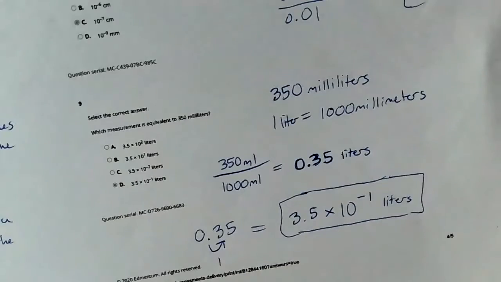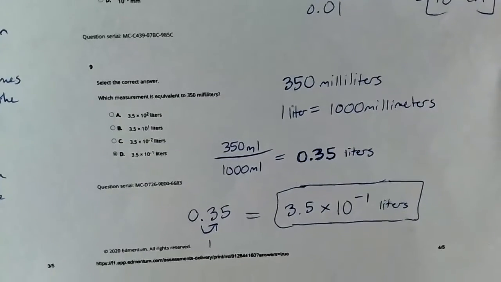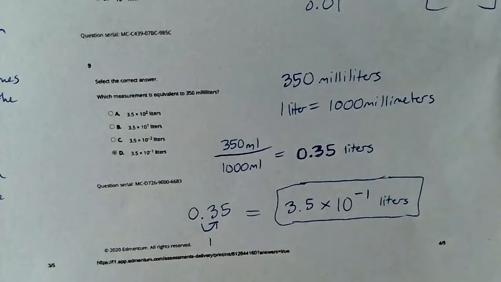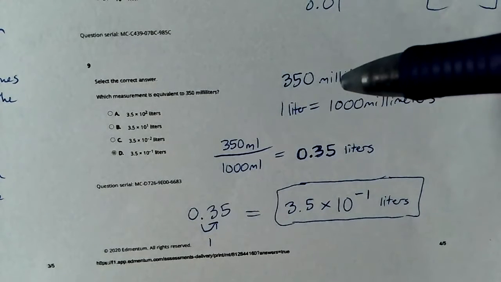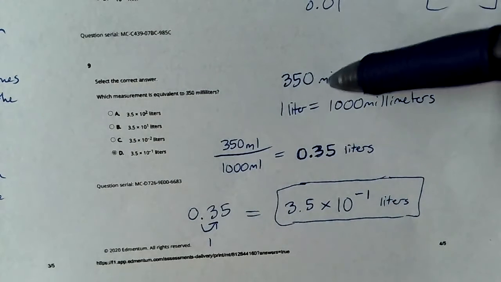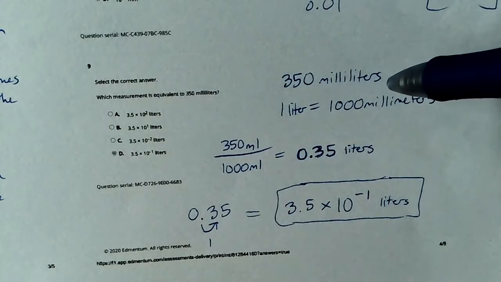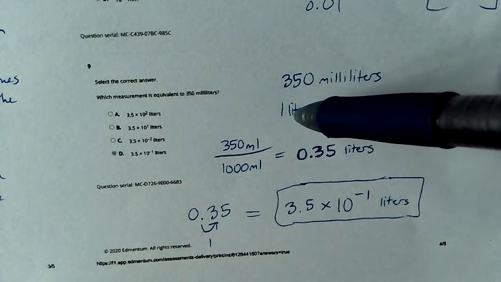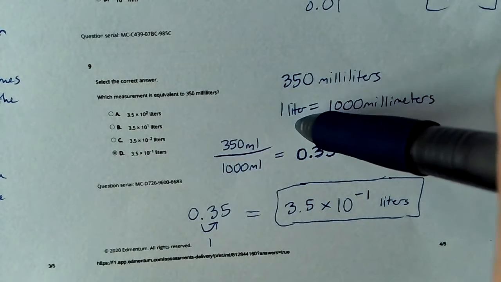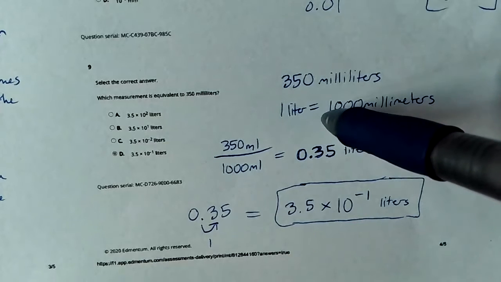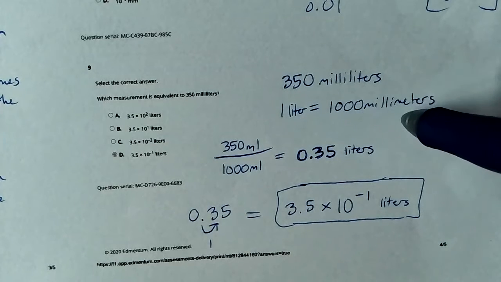Okay, number 9. Which measurement is equivalent to 350 milliliters? So we know 1 liter is equal to 1,000 milliliters.